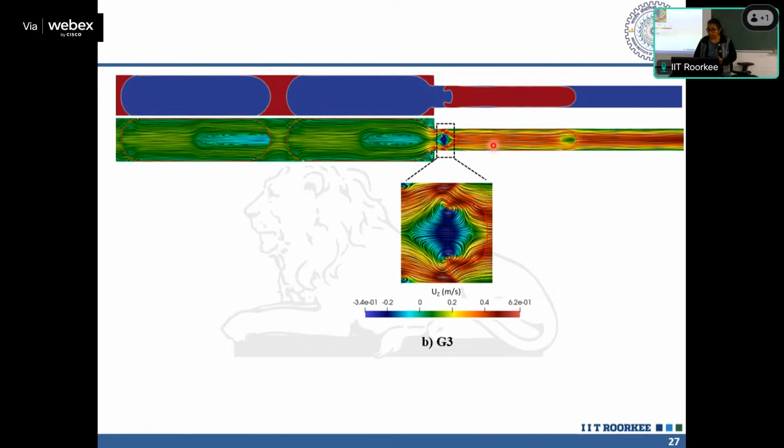The blue one you could see is a negative velocity, which means there is a backflow. There is a recirculation region, and also a stagnant region. The backflow and stagnant regime give you rotational circulation over here. This type of circulation enhances mass transfer further.